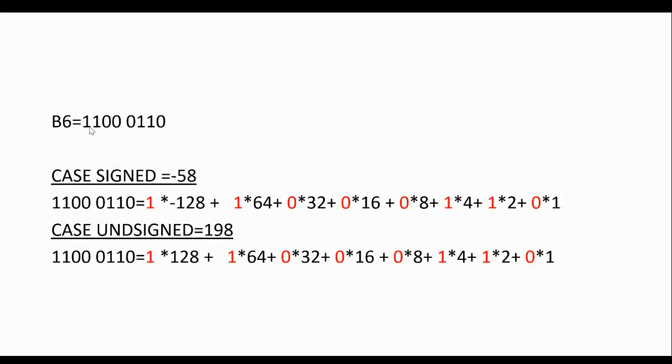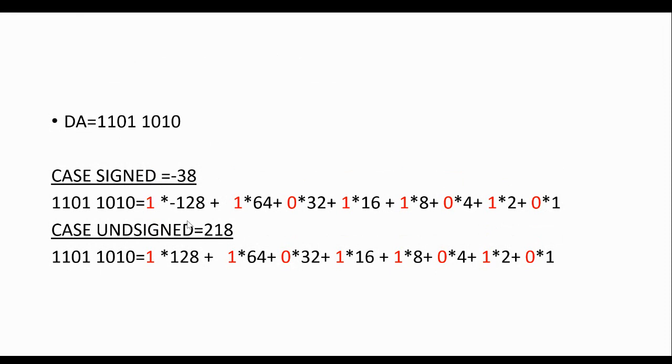Okay, we look back. B6. This is the code for B, and this is 6. Similarly, we put the binary bits out, and we do the multiplication with the decimal numbers. We will be able to get negative 74 and 182. So DA is the same.